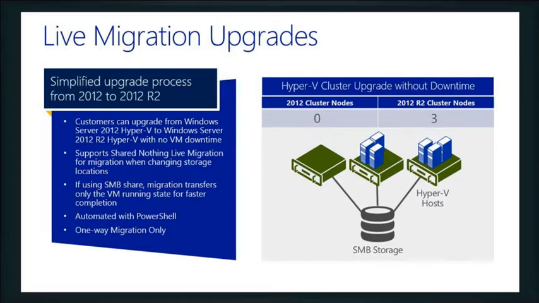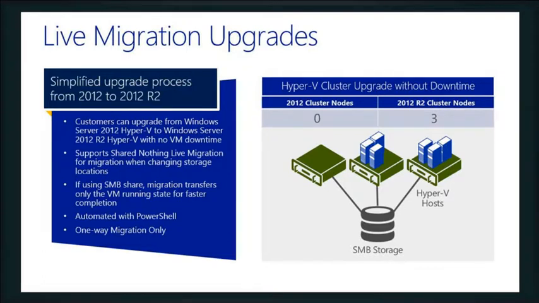Microsoft now promises that all future releases of the OS for hypervisor will allow for the backwards compatibility of being able to live migrate from an older server to a newer server. So now I can move those virtual machine workloads live to my newly installed R2 machine without going down, and then I can upgrade my old 2012 server to R2. Okay, that's just a for instance. It is a one-way migration, mind you.